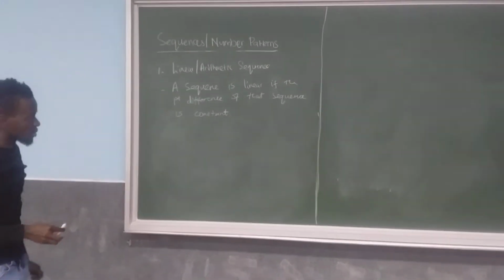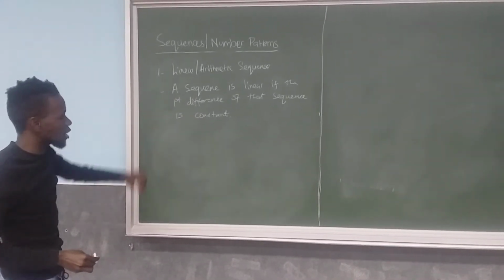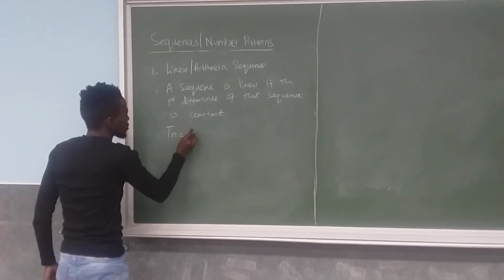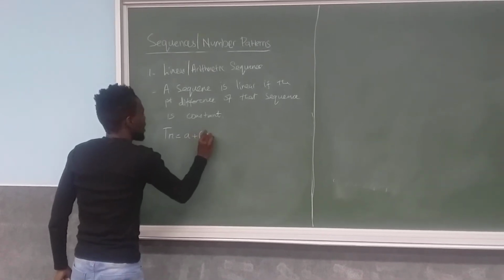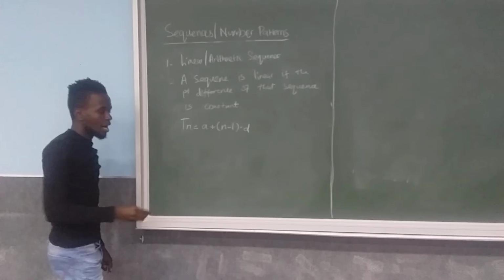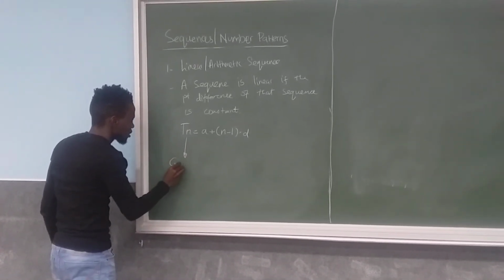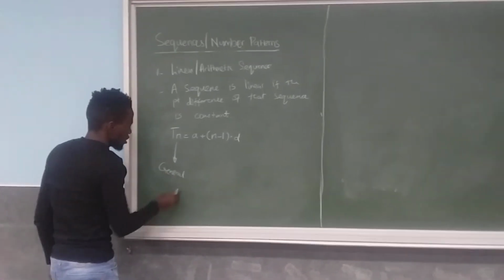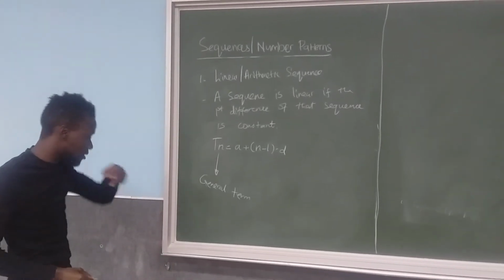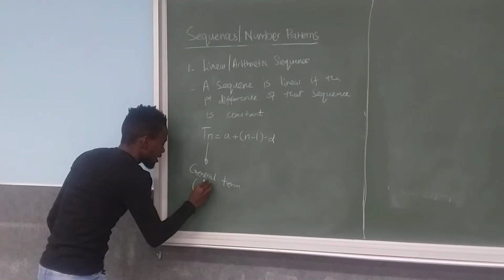Okay? So this kind of sequence, linear or arithmetic sequence, has this type of formula, which is Tn equals A plus (n minus 1) multiplied by d, where Tn is the general term of the sequence, or you can rather call it the nth term.